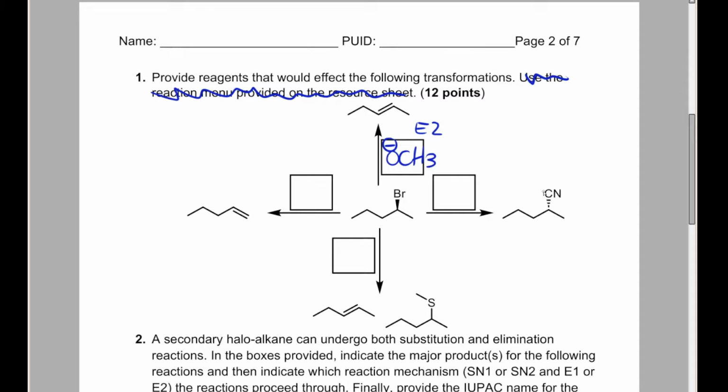So in this case, it's an SN2 mechanism, and there's two hints that point towards it being an SN2 mechanism. First, the bromine is substituted with a CN, and this comes from NaCN, which, if you remember, is a very strong nucleophile.